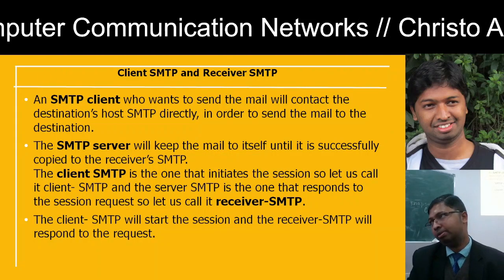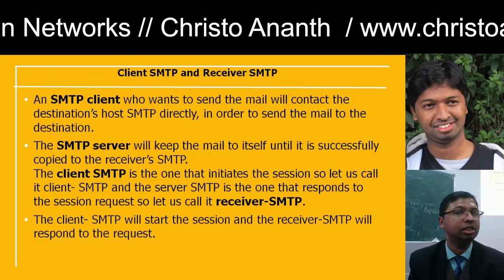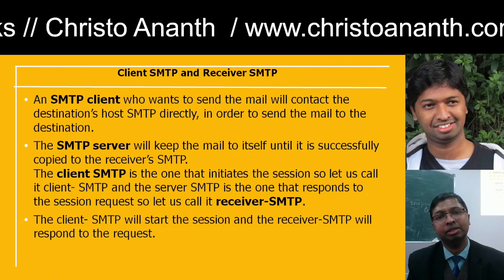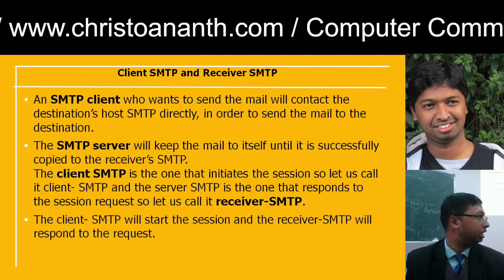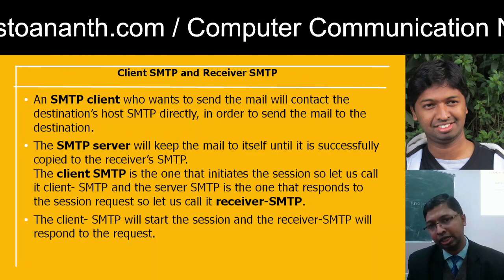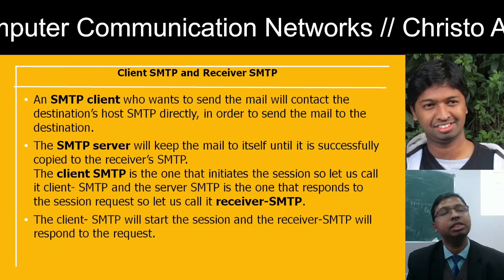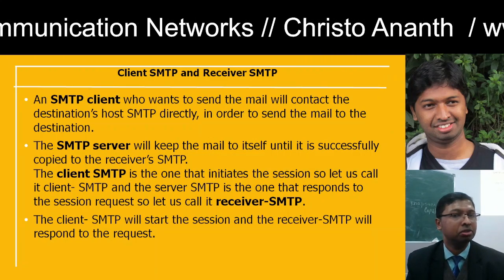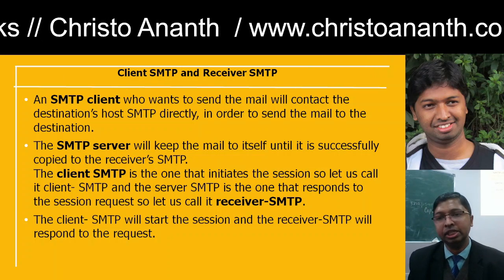Here the SMTP client which wants to send the email will contact the destination host SMTP directly in order to send the email to the destination. The server keeps the email to itself until it is successfully copied to the receiver's SMTP.